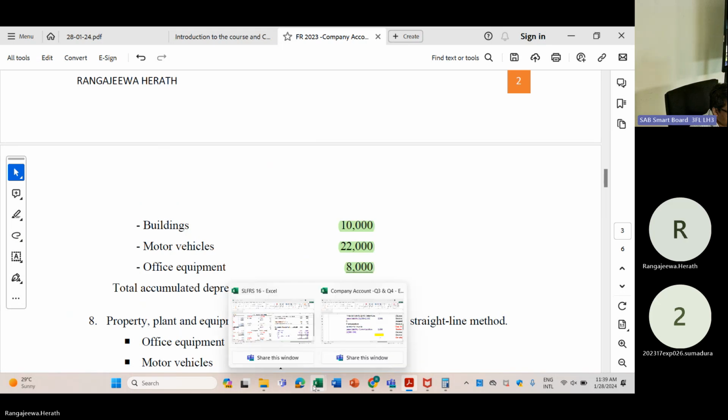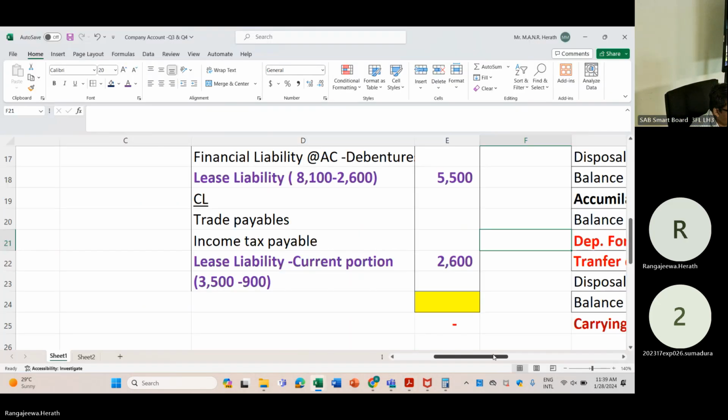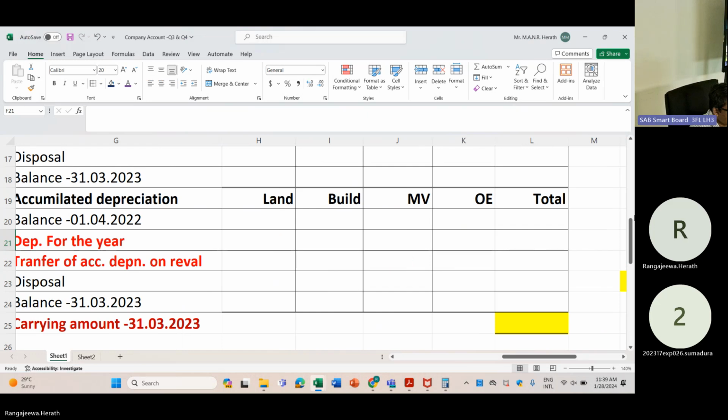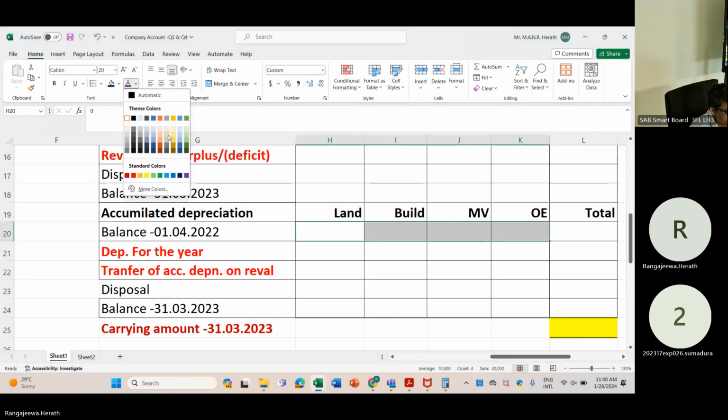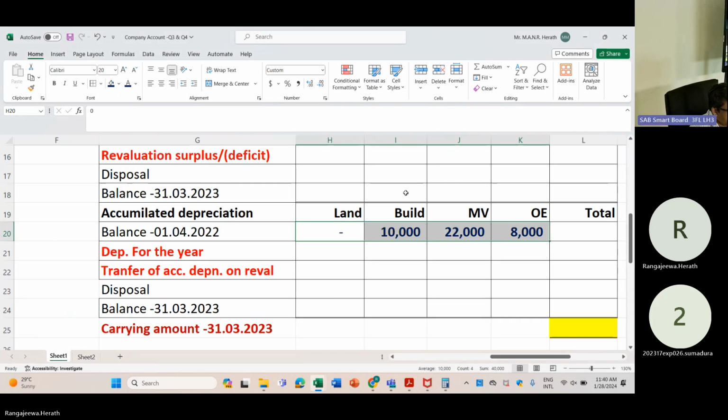So we can go to the PP note. In the PP note we can show these opening accumulated depreciation balances: building 10,000, motor vehicle 22,000, office equipment 8,000.